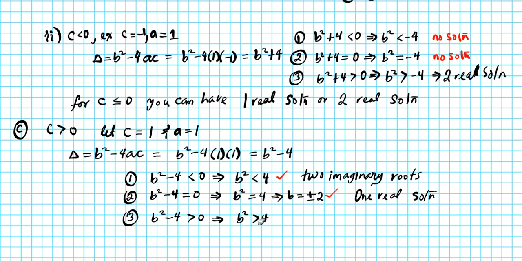Any number bigger than 2 or smaller than negative 2, its square is automatically going to be greater than 4. So this equation makes sense. Conclusion is that it is possible to have two real roots when c is greater than 0.